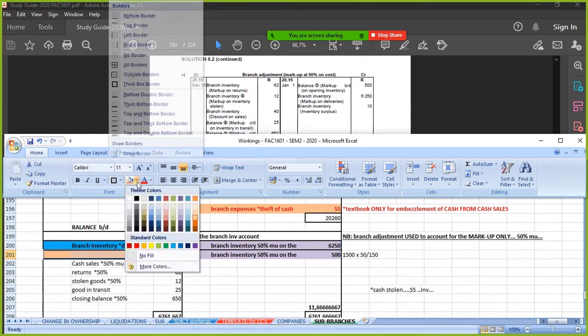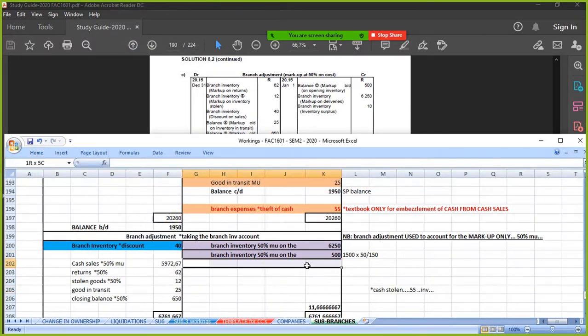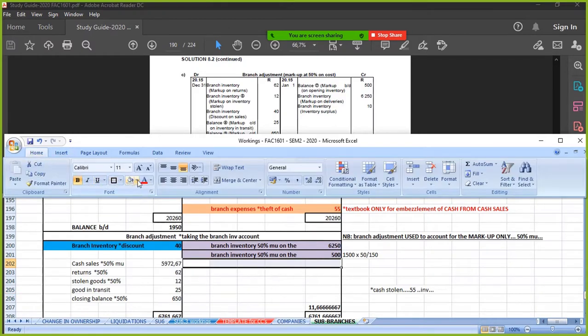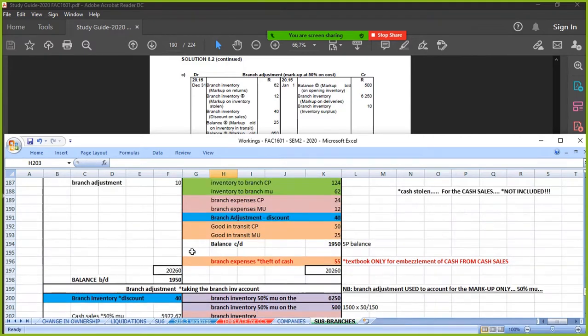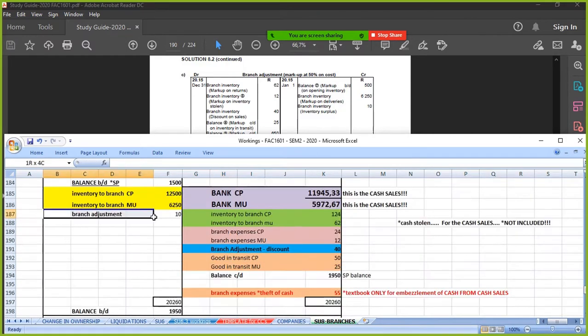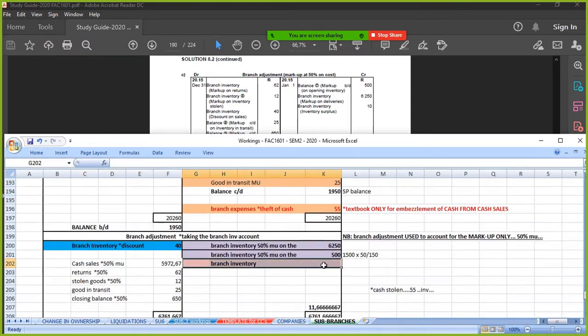That will change. So I'm going to have to show that 10 branch adjustment amount. This came from the branch inventory. Because if you look at my working now, that branch adjustment of 10 needs to go there.